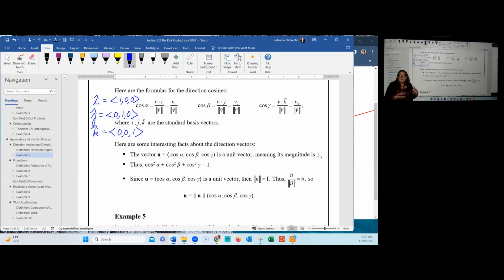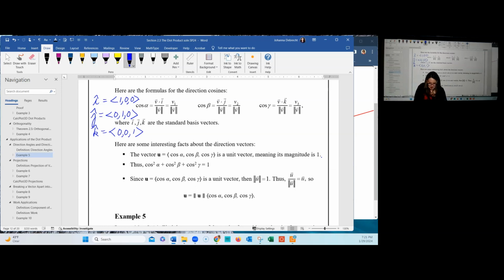But because the square root of 1 is 1, this also means that cosine squared alpha plus cosine squared beta plus cosine squared gamma is also 1, which is kind of weird. It also means that since the magnitude of that vector is 1, the vector itself is equal to its magnitude, which is 1, multiplied by the vector. It's equal to its magnitude times itself.